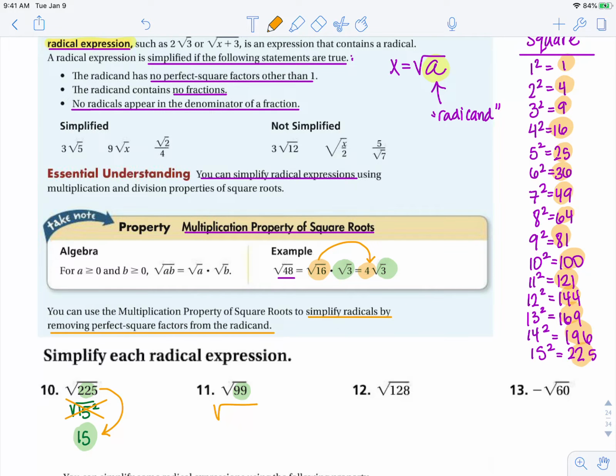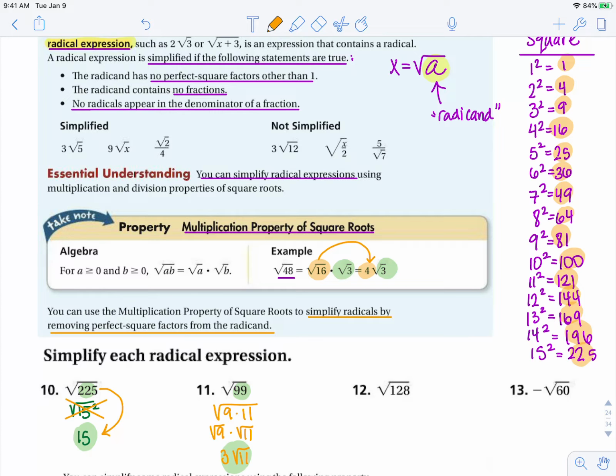So this is square root of 9 times 11. So this is square root of 9 times square root of 11. And then we know that the square root of 9 is 3. And 11 cannot be simplified anymore because that radicand of 11 does not have any perfect square factors.